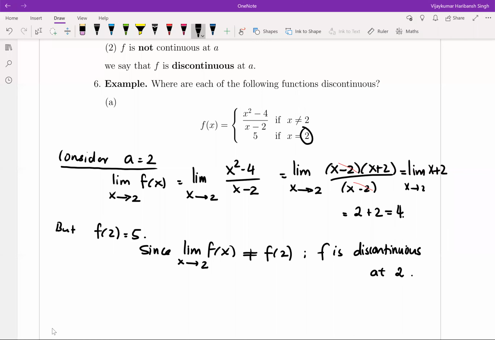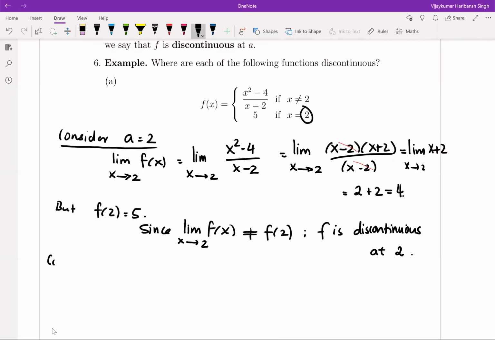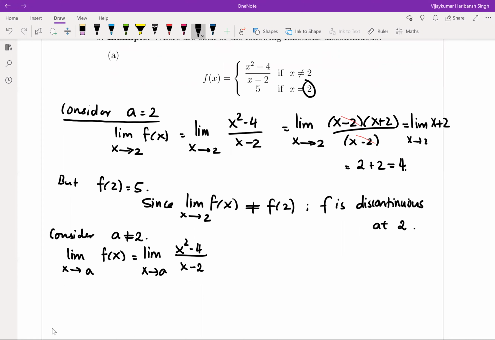Okay. Now let's look at the other points. So consider A is not 2. In that case, the limit as x goes to A of f of x is equal to the limit as x goes to A of x squared minus 4 divided by x minus 2. Now note that A is not 2, so this is equivalent to a rational function.